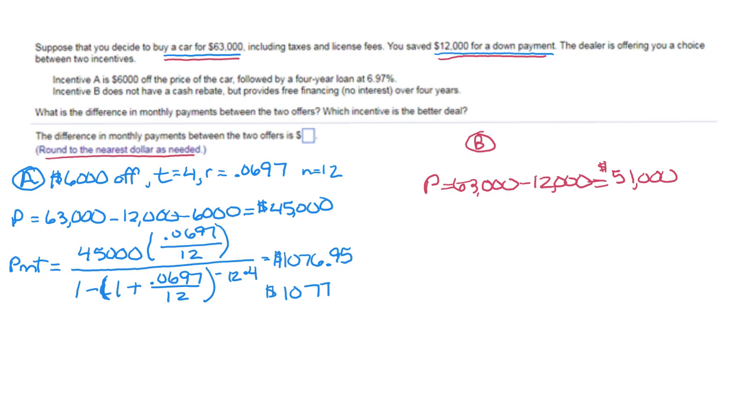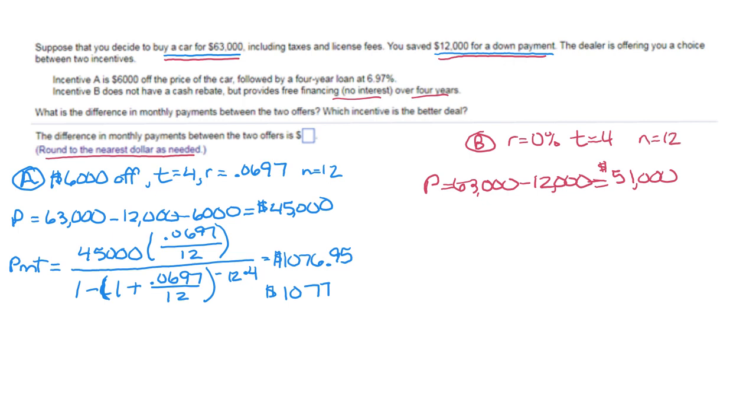We have the 0% financing, right? No interest. I'm just writing that down, and again, we have time is 4 years. And we are still making the monthly payments. So N is 12 times a year.